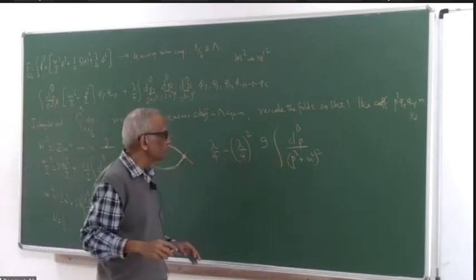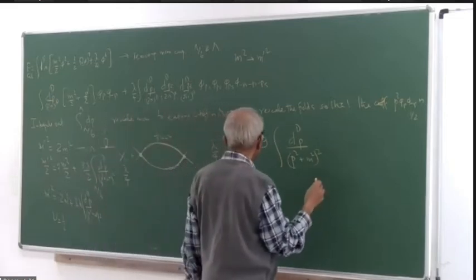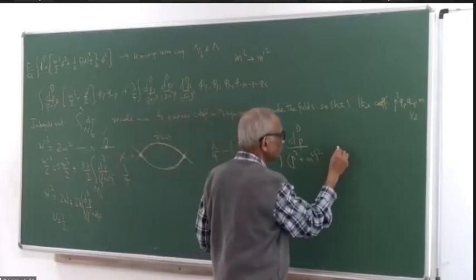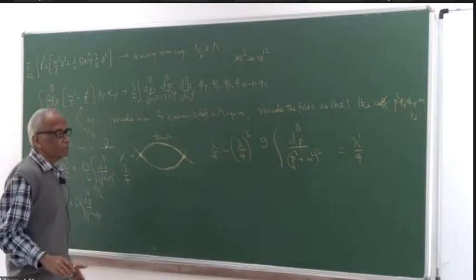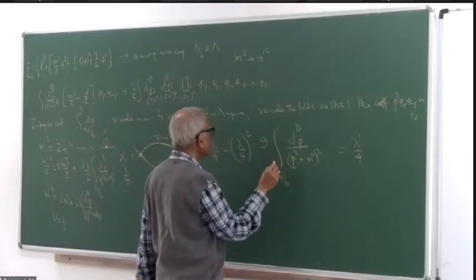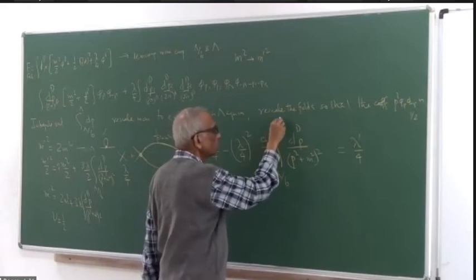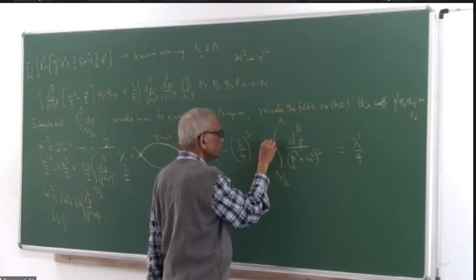Then we define a new coupling constant, let's say λ′/4. The integral goes from Λ/b to Λ. This should have been 36, right? This part has a 9 into 4.